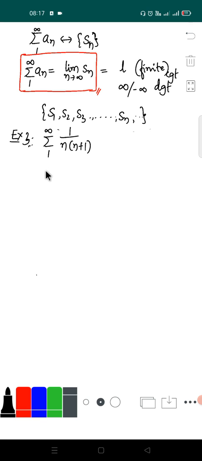So the first term here, if n is 1, is 1 into 2. The second term will be 2 into 3. The third term will be 3 into 4 and so on.